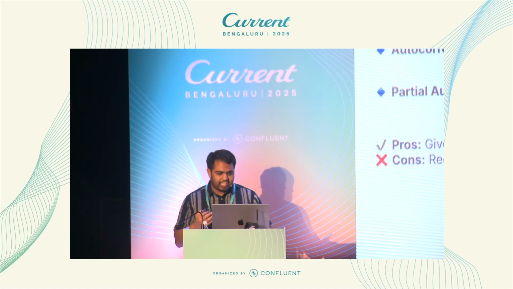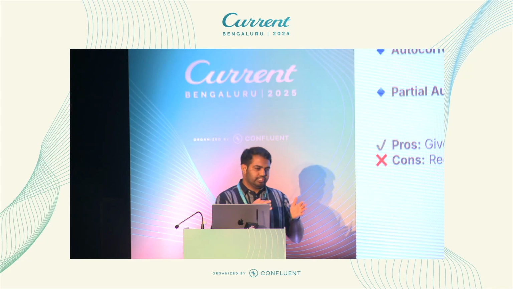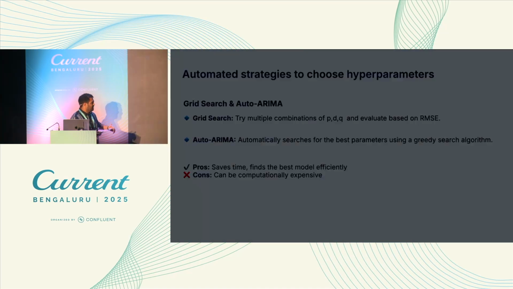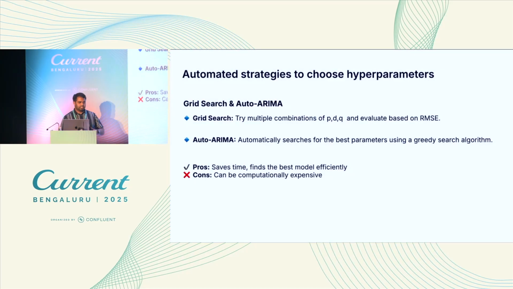So think of ACF as looking at all past influences together, while PACF isolates those direct influences. This sounds a little complicated, and if you haven't worked with ARIMA, it is hard to figure out what the right hyperparameters are. That's why automated strategies are the best way forward.